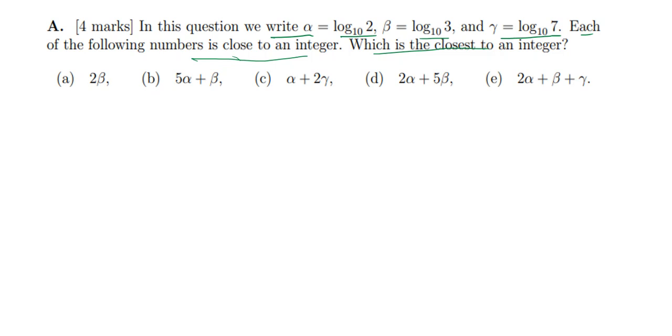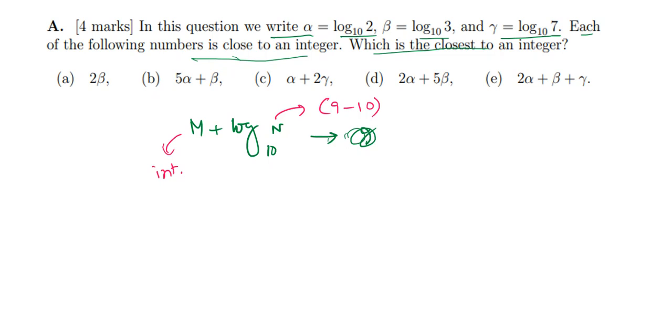We need to analyze each of these, and we can write each as m plus log 10 base n, where m is an integer and n is a number between 9 and 10.